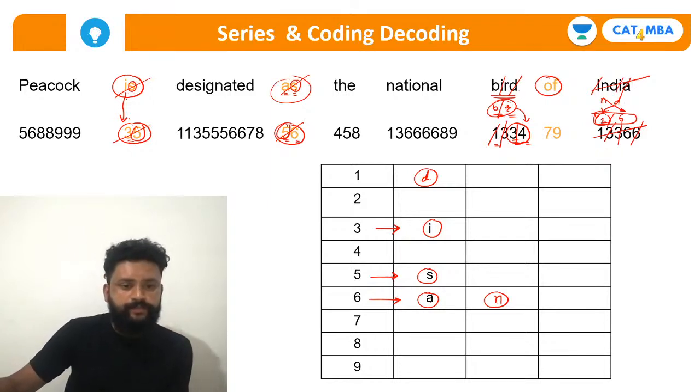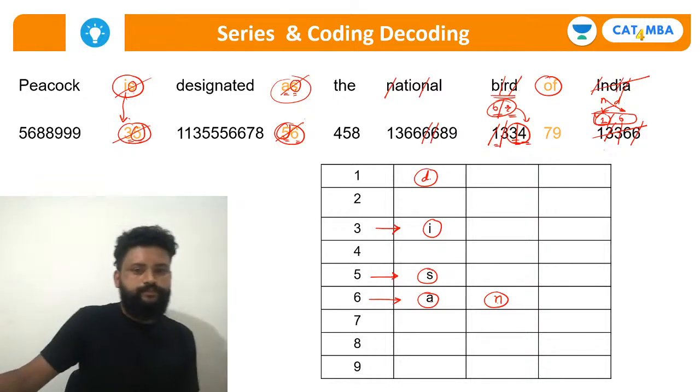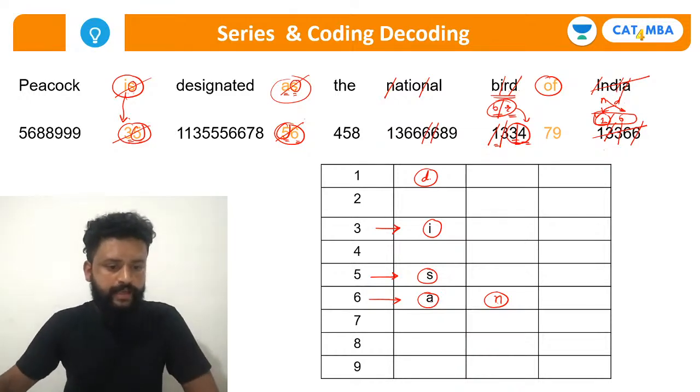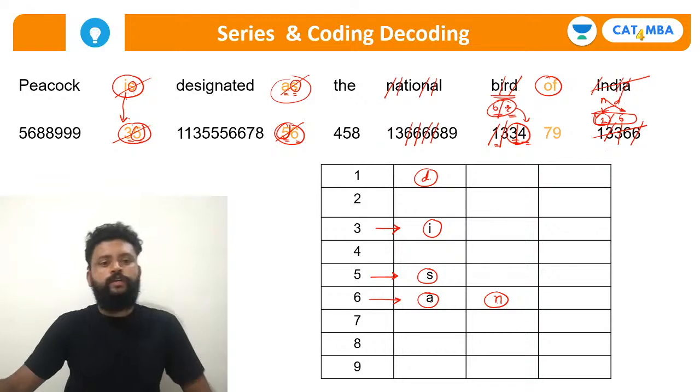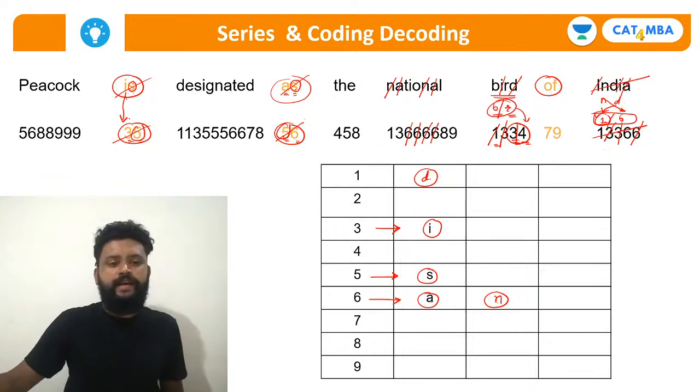National. N is coded as 6. So N, 6 is gone. Then A is also 6. These two 6s are gone. So I cancelled N and A for 6.